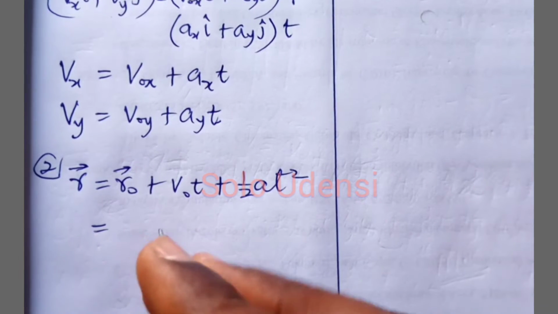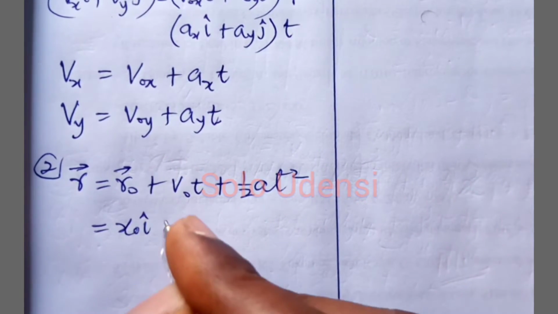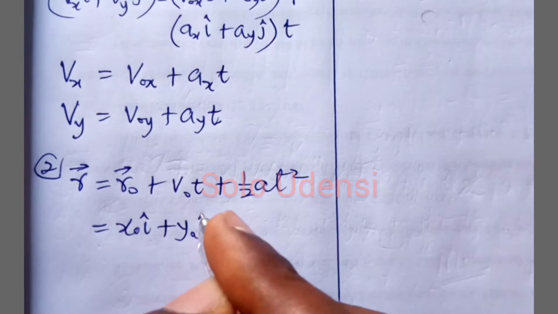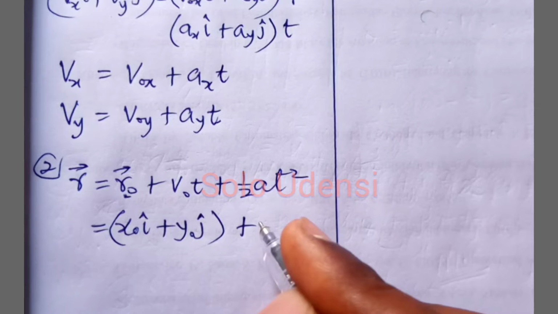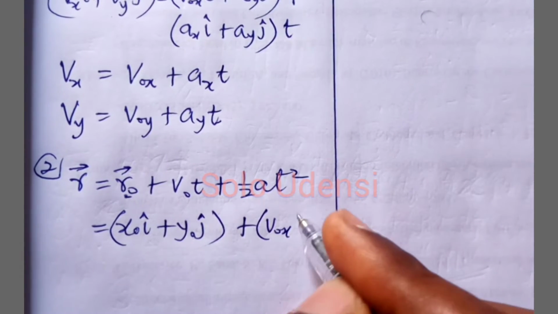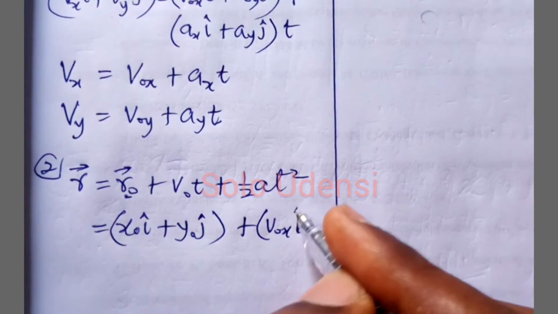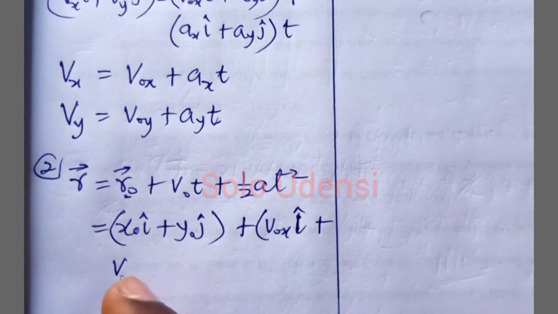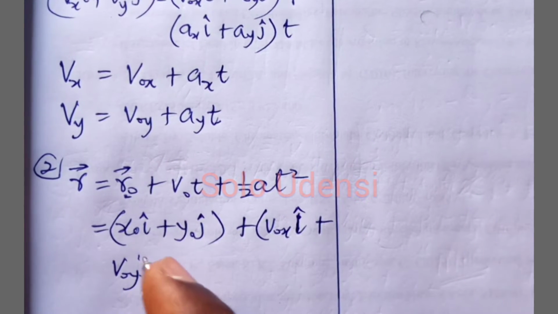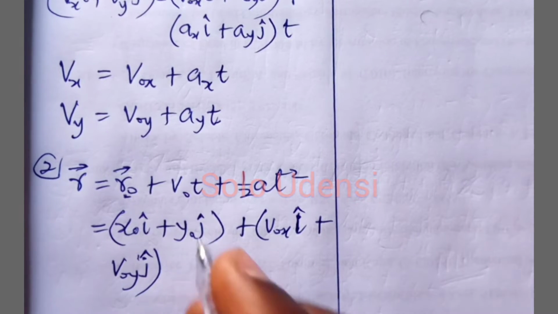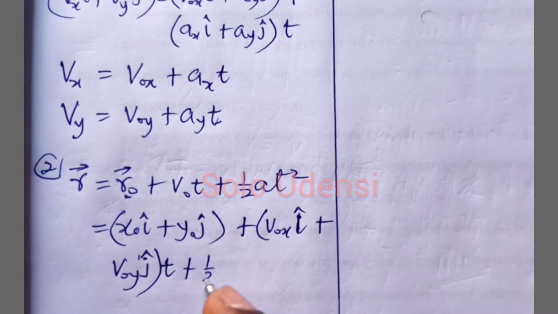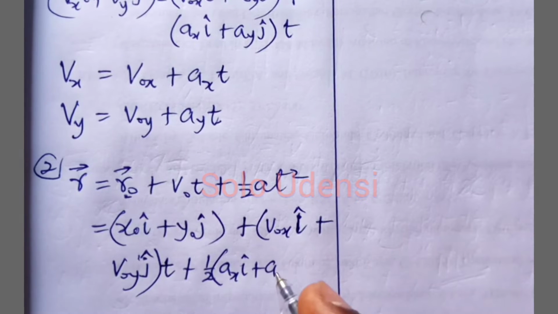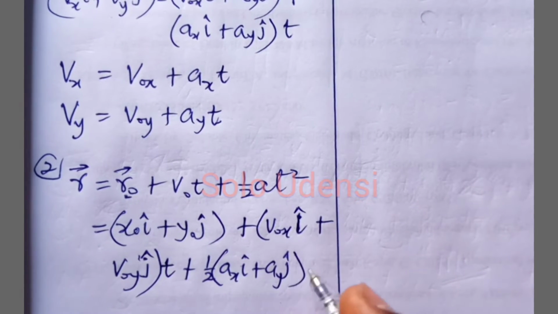If we open it up, we have x0 i + y0 j for this one, plus (v0x i + v0y j) into, you close the bracket, times time, plus half (ax i + ay j) t squared.